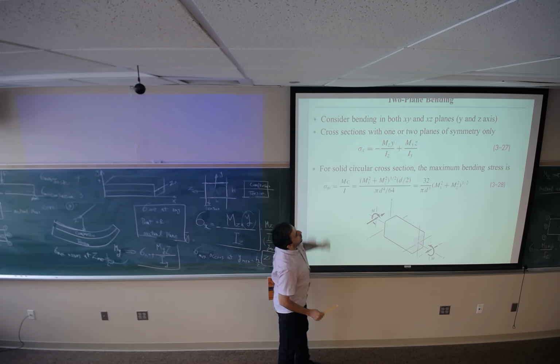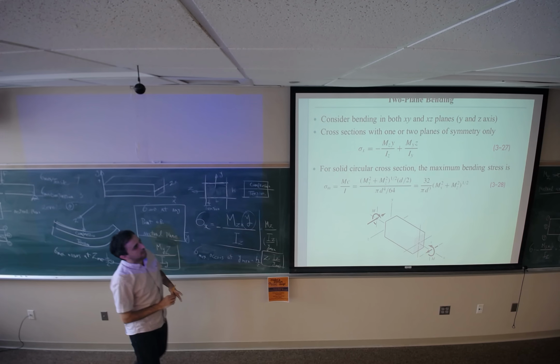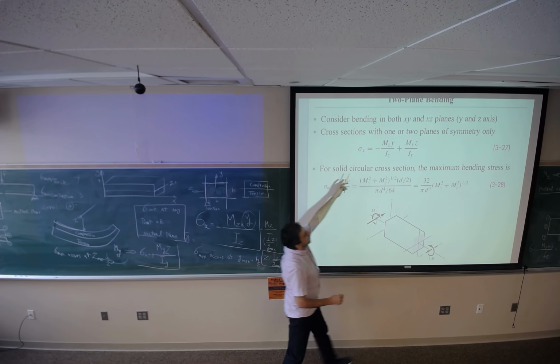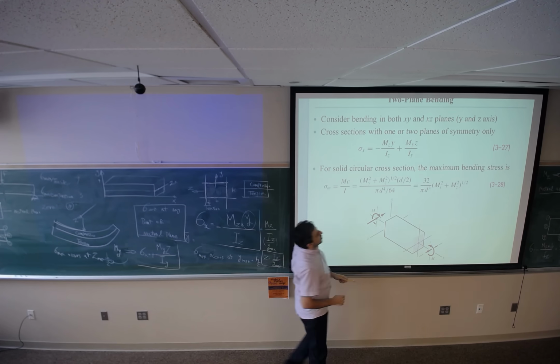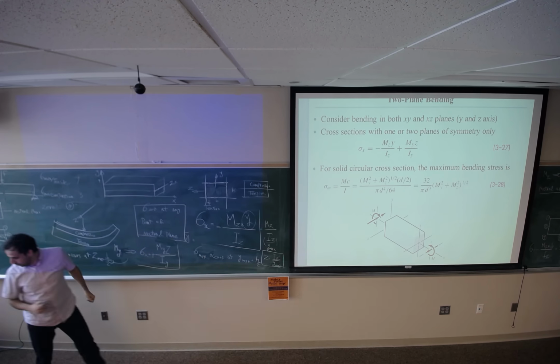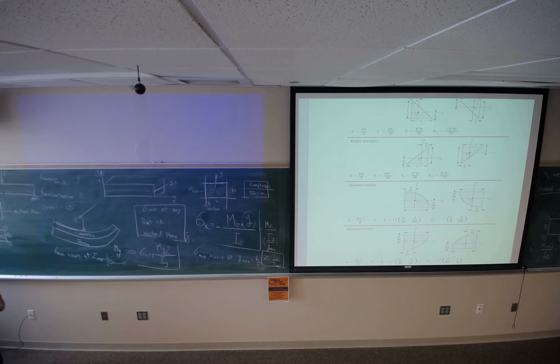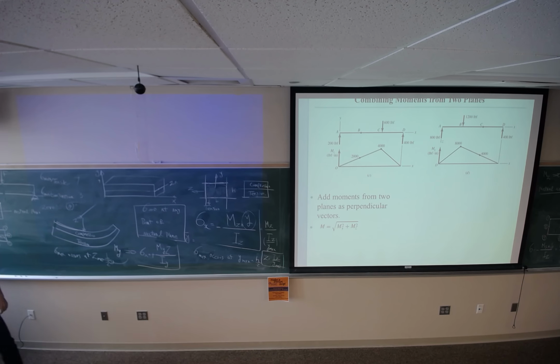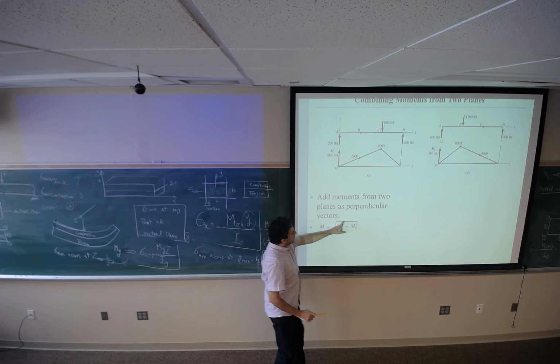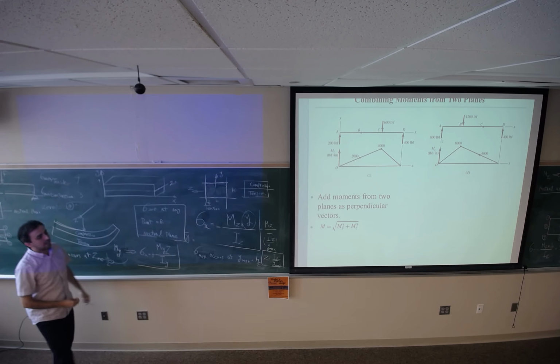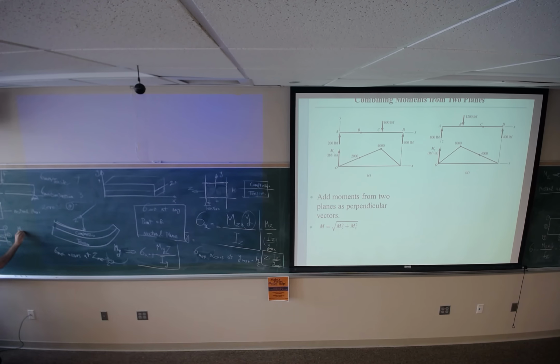For a circular cross section, we don't use this equation. For a circular cross section, if you remember the example that we did, since we have My and Mz on the circular cross section, we can find the resultant moment, which is the square root of My squared plus Mz squared. So we will get one bending moment.